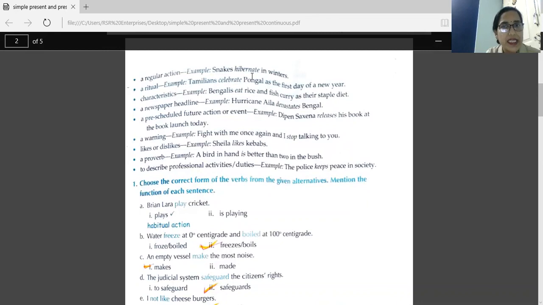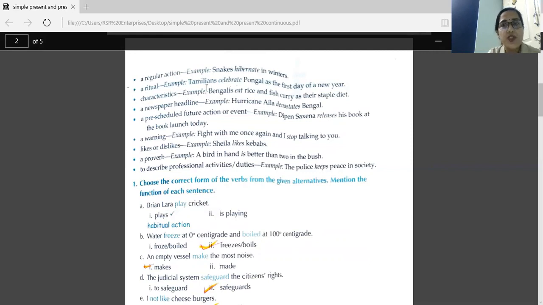So hibernate is the verb here, and this is the first form of the verb. Snakes, plural. So here we are not adding s with hibernate. We have hibernate only. So if the subject is plural, then you have to write the word without s or es. So snakes hibernate in winters.